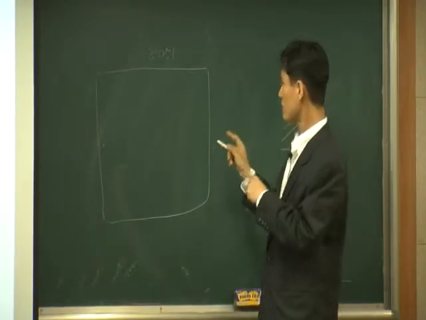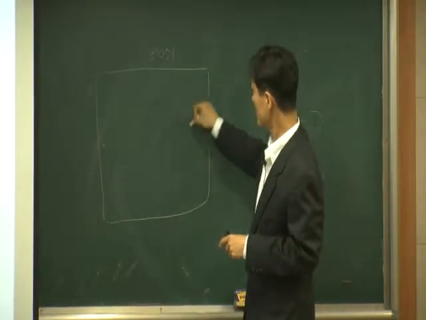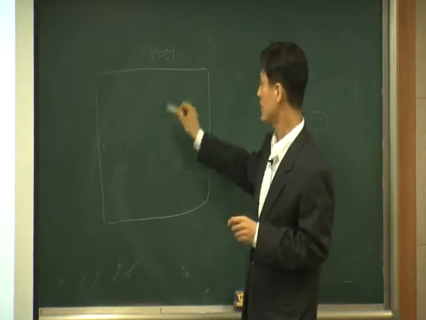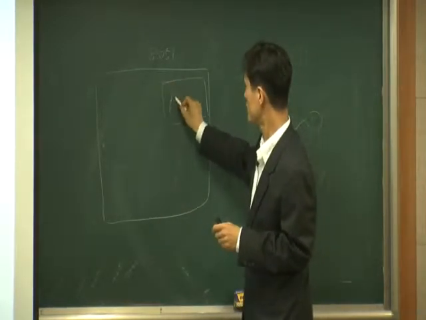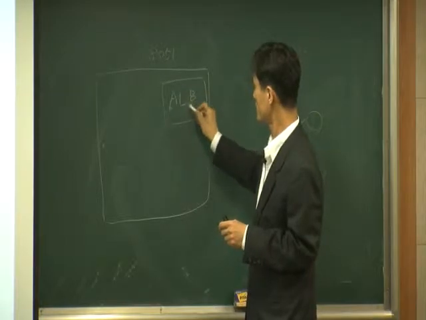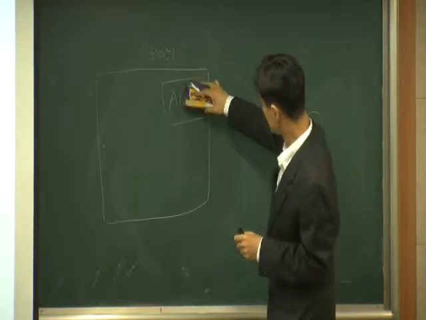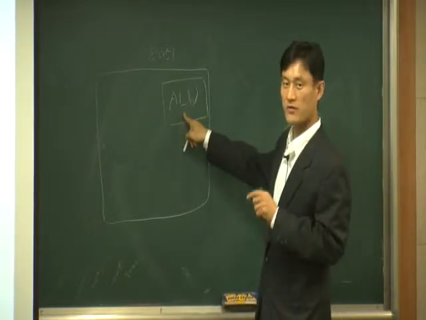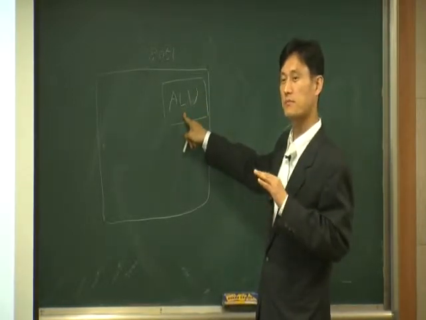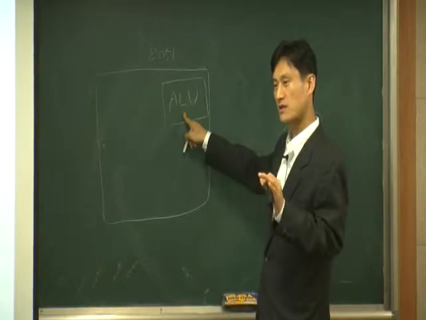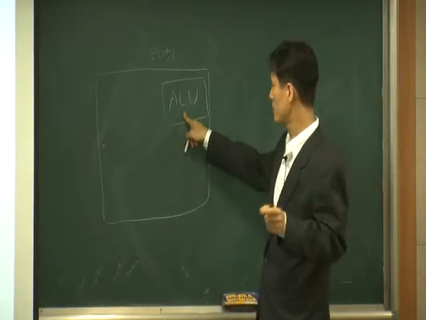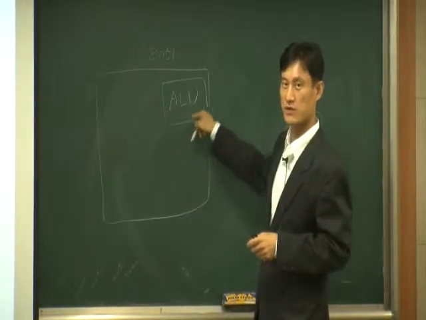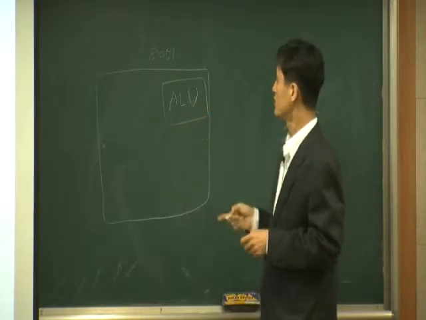Inside our microprocessor there are a lot of blocks, like the ALU, the arithmetic logic unit. This is where all of the calculations are done, like addition, subtraction, rotation, and all these things. So there's a block called ALU.